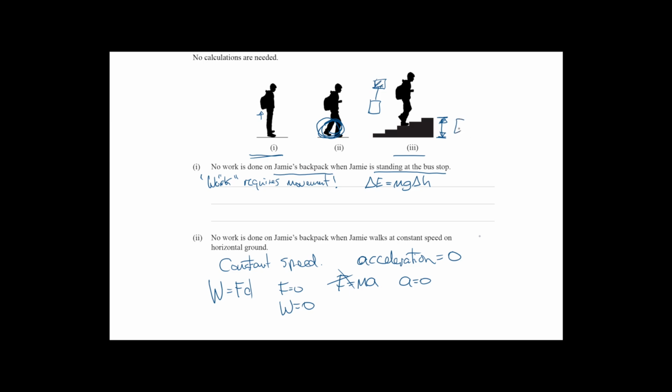So now there is a change in energy, and it's mg, change in height. So he is doing work. He's fighting against gravity. He's expending energy to overcome the gravitational field of the Earth by moving his bag. Not a lot, but he's still doing work.